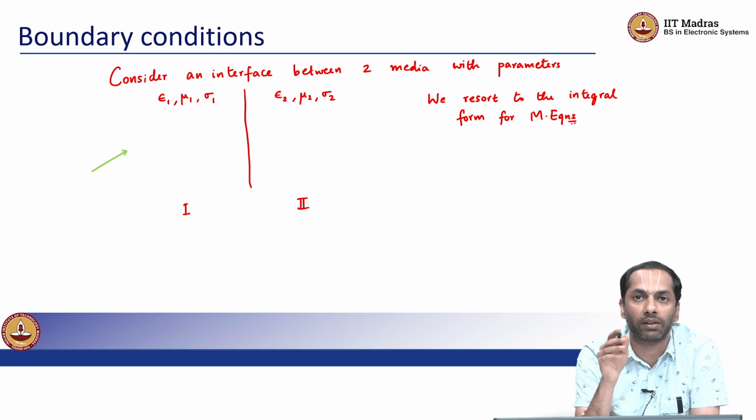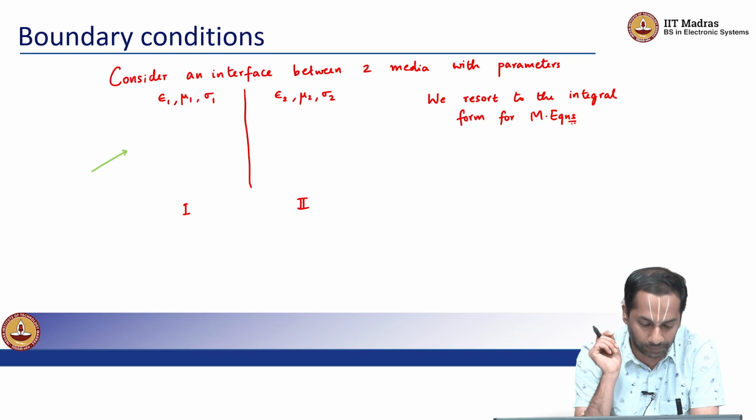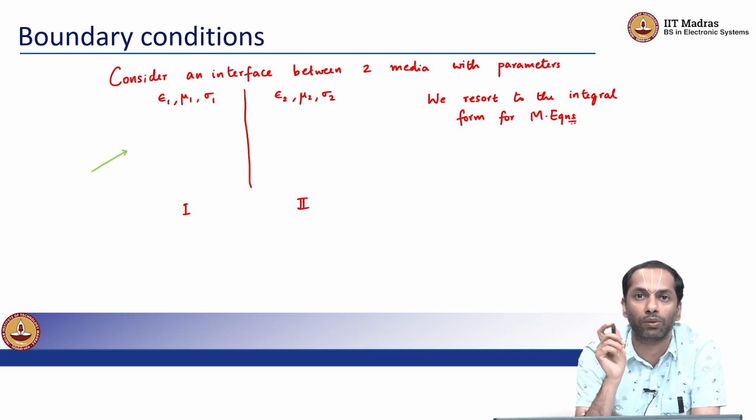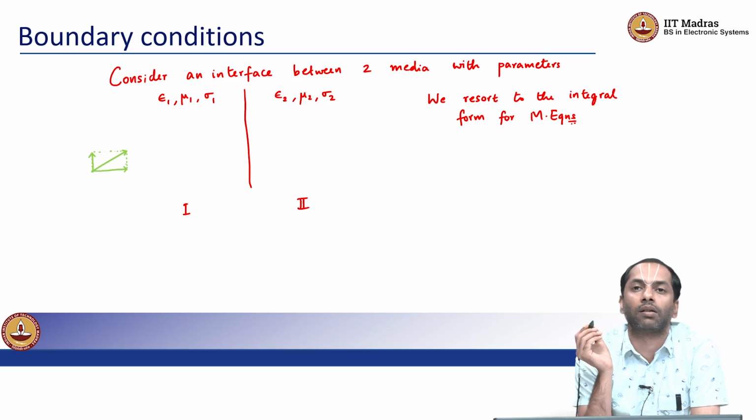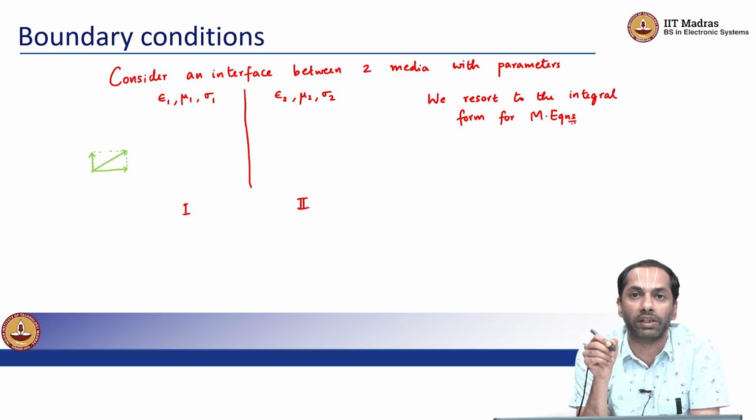The electric field vector could be oriented in any orientation. So, this green vector, you kind of have to assume that this is an arbitrarily oriented electric field vector on the left hand side. But nevertheless, this electric field can always be broken into two components. One which is perpendicular to the interface.